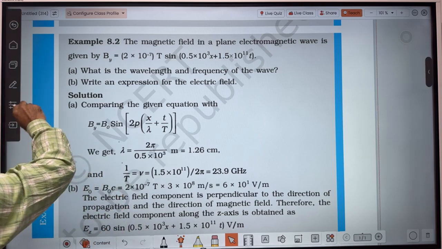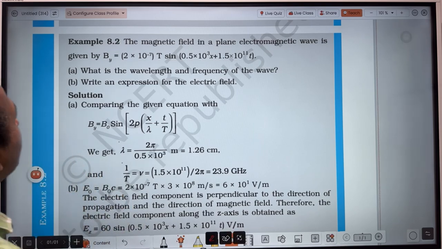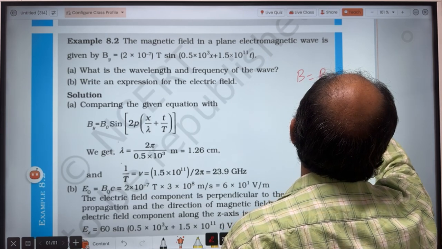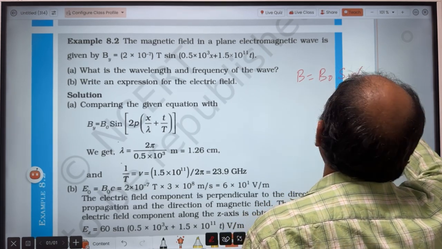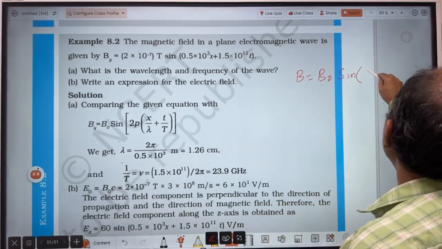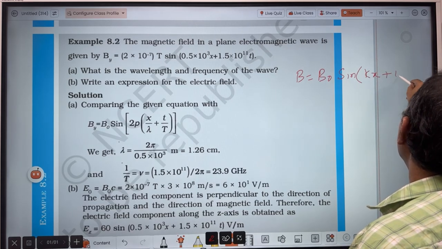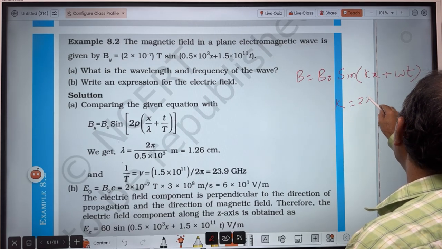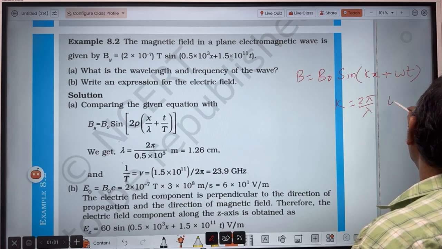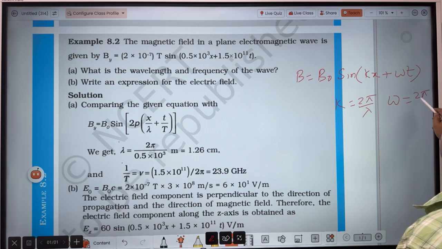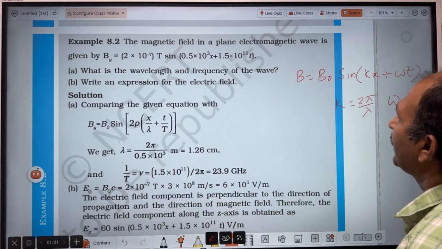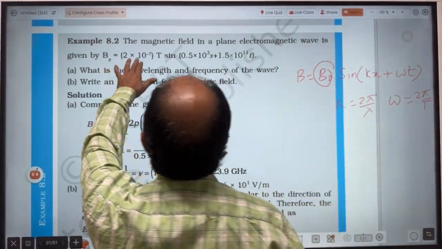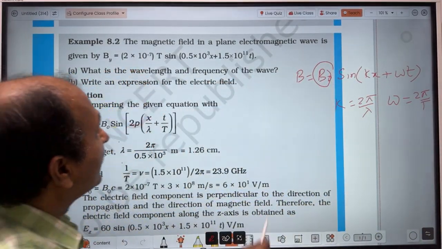Here you have to consider the basic equation B equal to B0 sine (kx plus omega t), where k is 2 pi by lambda and omega is 2 pi by T. We can compare to get the values. Like B0, we can easily find, is 2 into 10 power minus 7.